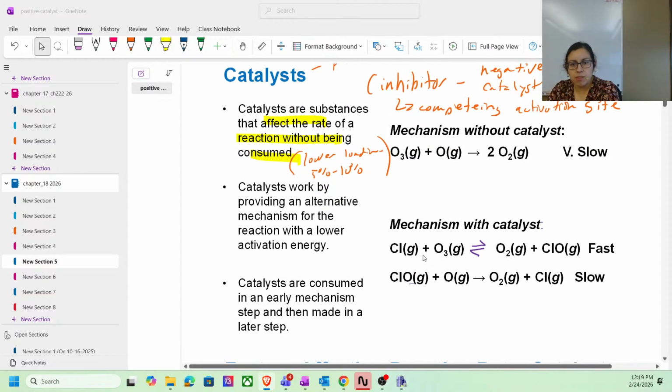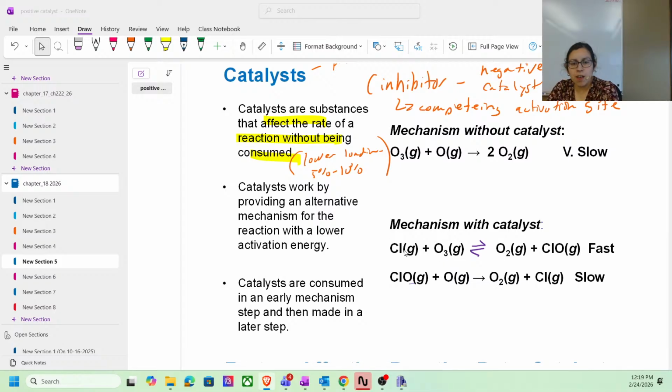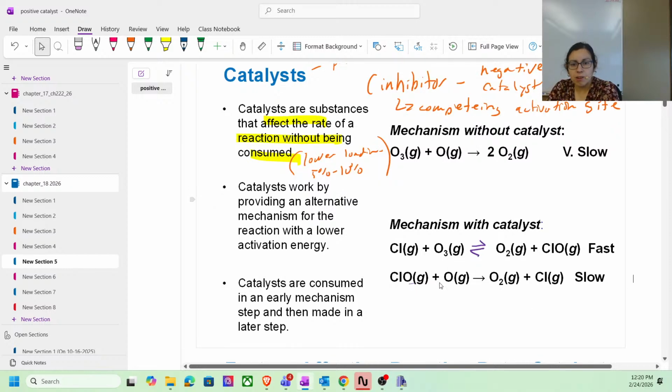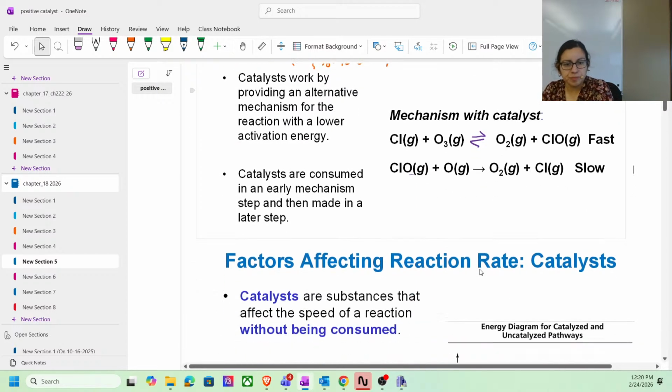So that's what this is implying with our ozone reactions. Our ozone reacts with some chloride radical in the atmosphere, makes oxygen, and then this ClO intermediate species, right? And then that can go on to act as our intermediate catalyst here.